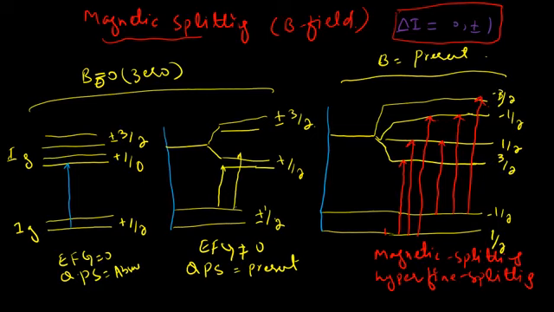In the case of electric field gradient equal to 0, we have only one signal, and the corresponding Mossbauer spectrum is like this one. In the quadrupole splitting, when the electric field gradient is not equal to 0, the corresponding Mossbauer spectrum will be like this one, with two signals.